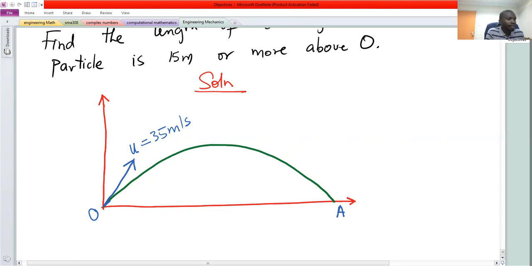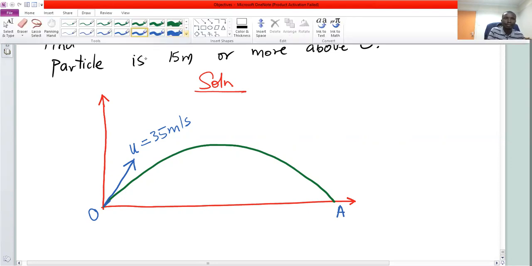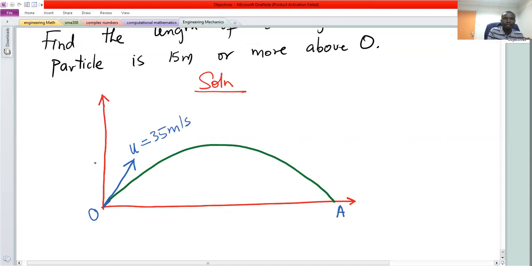We're interested in finding the length of time for which the particle is 15 meters or more above the ground. So we can draw an arbitrary line such that this distance is 15 meters.